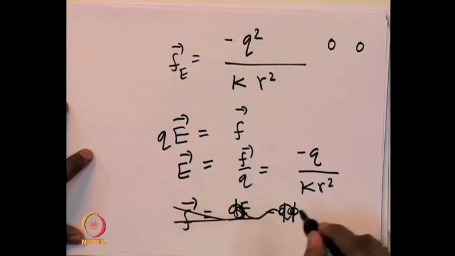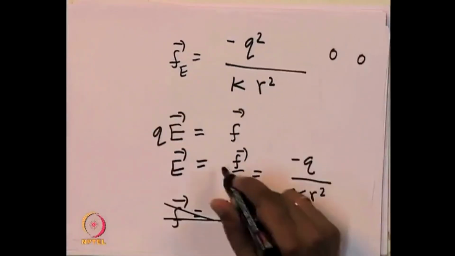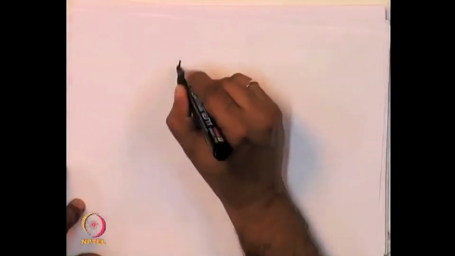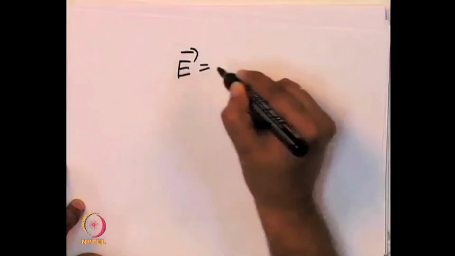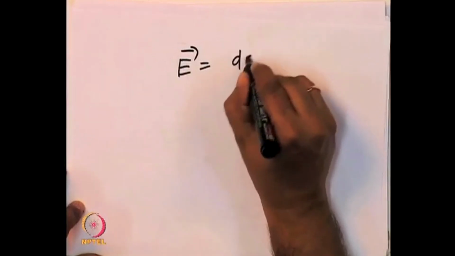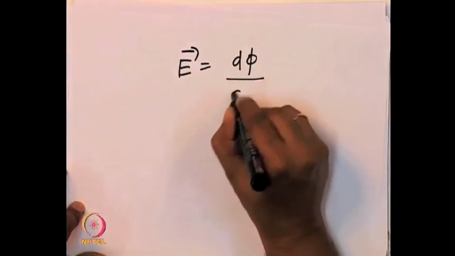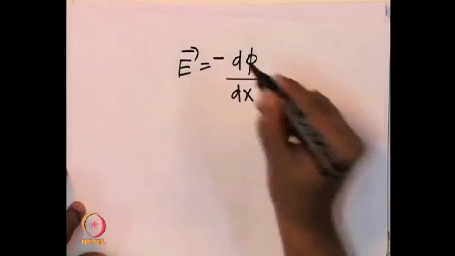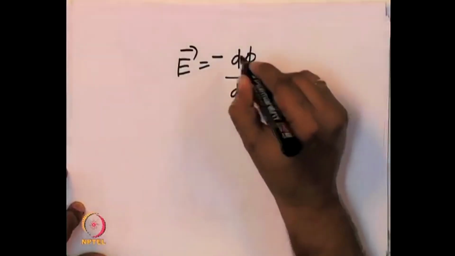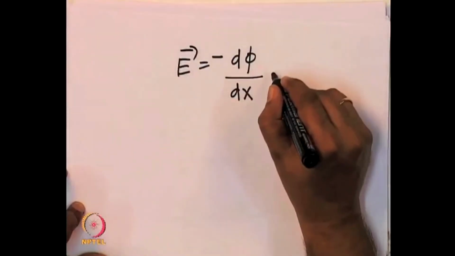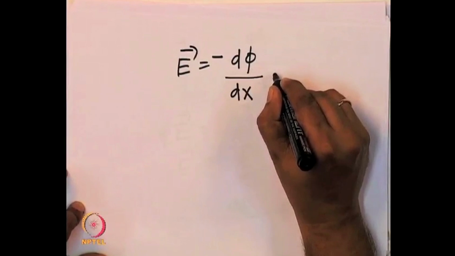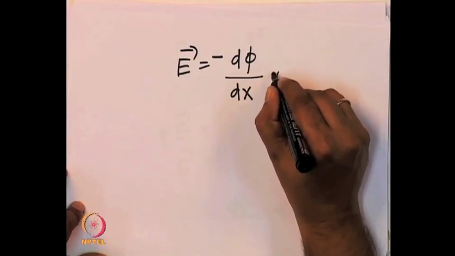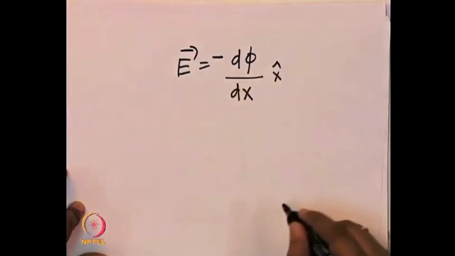If you use that idea that force is the derivative of energy, what you will end up with is that the electric field is the derivative of the electrostatic potential with a minus sign. But there has to be some direction associated with this, so there has to be some unit vector in some particular direction.